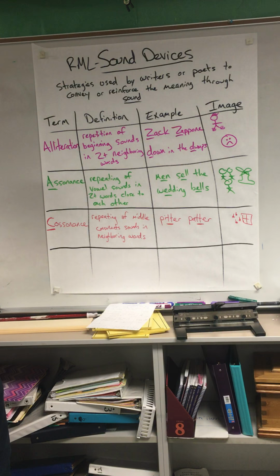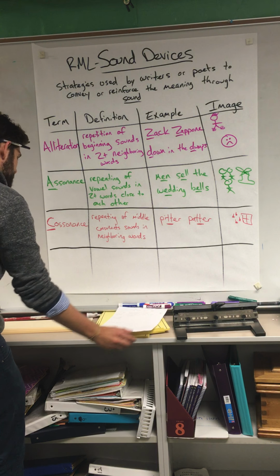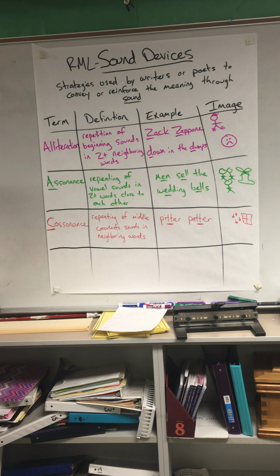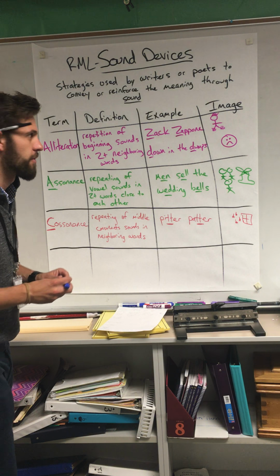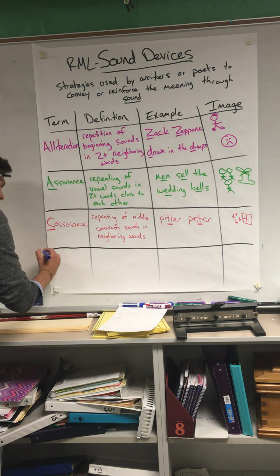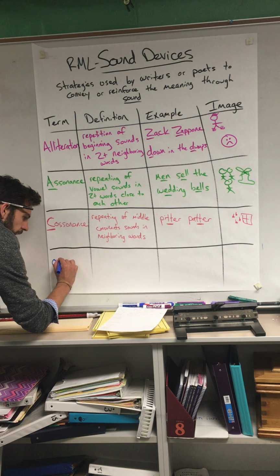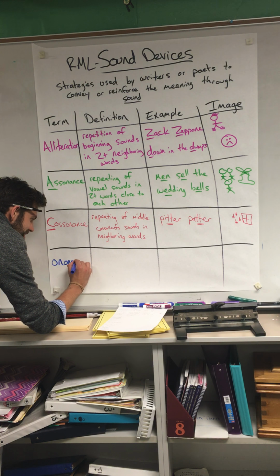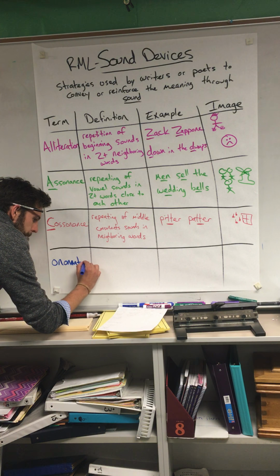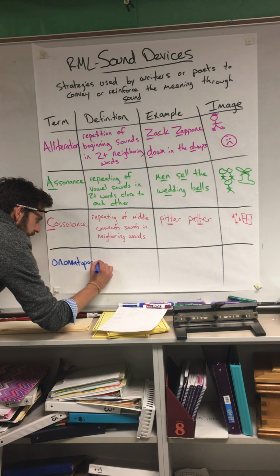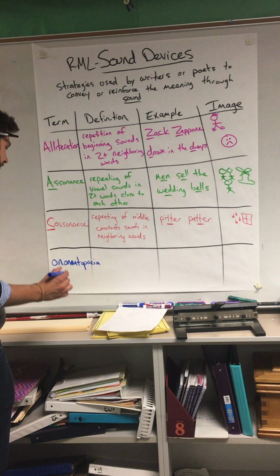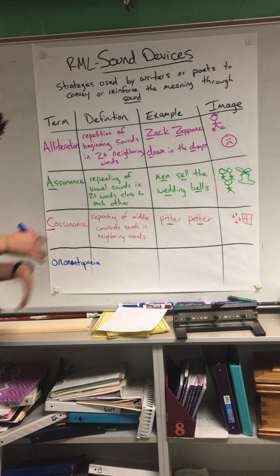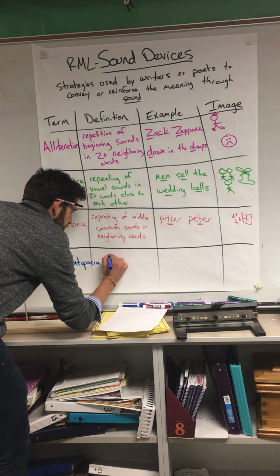And the last one for this page is going to be onomatopoeia. One of your favorite words, probably. One of my favorite words. Onomatopoeia. Most of you know that. Onomatopoeia, which is a word that is a sound.